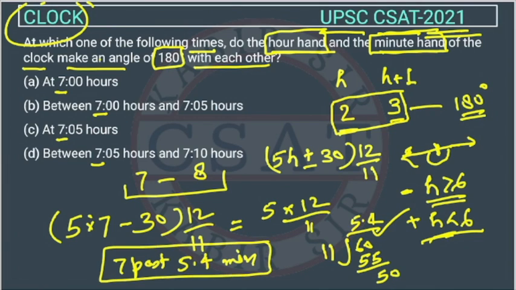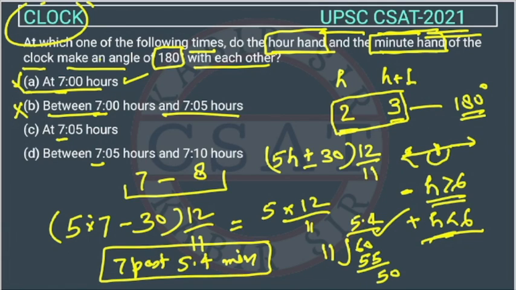Okay, now we will see in which option we are getting this answer. So option A is saying that at 7 o'clock itself there will be 180 degrees, which is definitely not the case. So the second option is between 7 and 7.5, that is, somewhere between 7 and 5 minutes past 7 there will be the angle, but we are getting it after 5, right? Because we are getting 7 past 5.4 minutes, so it will be after 7.5 minutes. Okay, so this option is also not there.